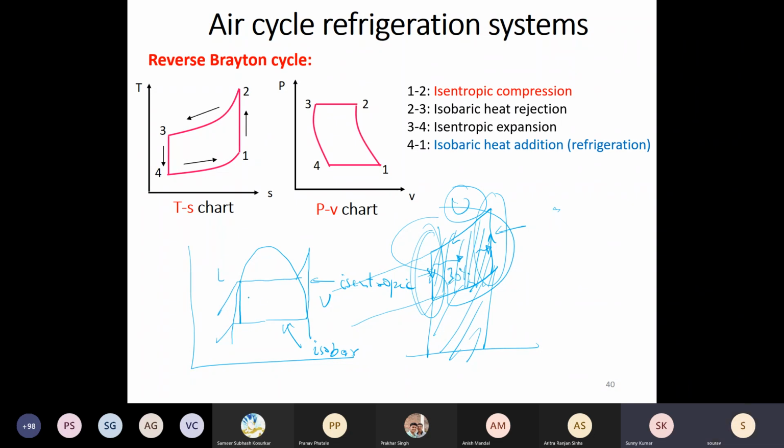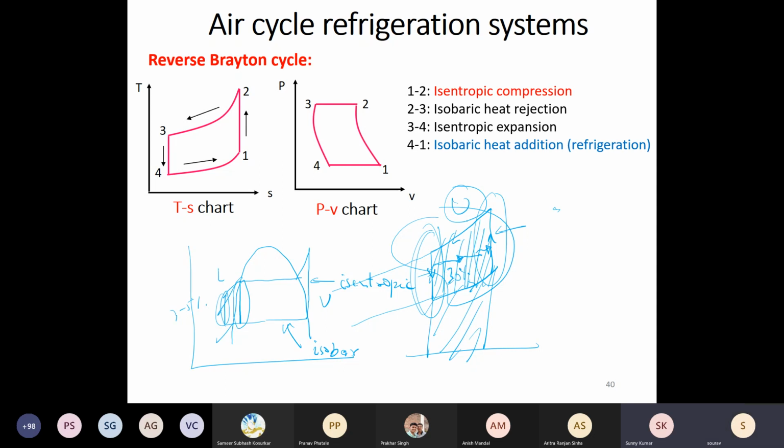Whereas in this case, first of all, getting an expansion process within the two-phase region is impossible. So we'll have to subcool and then expand. And then we will see that this is probably giving us 3 to 5% at best. Whereas in this case, we can gain 30 to 40% of the power from here itself. So we do not remove this turbine.